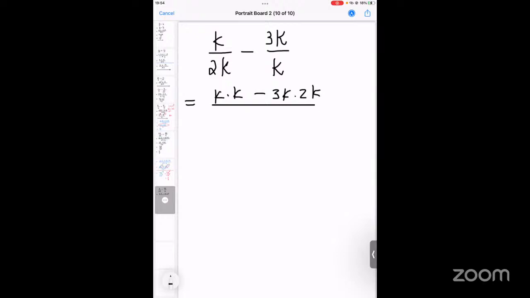Then as the denominator, I wrote 2k times k. Then next I wrote as the numerator 2k to the power of 2, minus 6k to the power of 2. Then as the denominator, I wrote 2k to the power of 2.